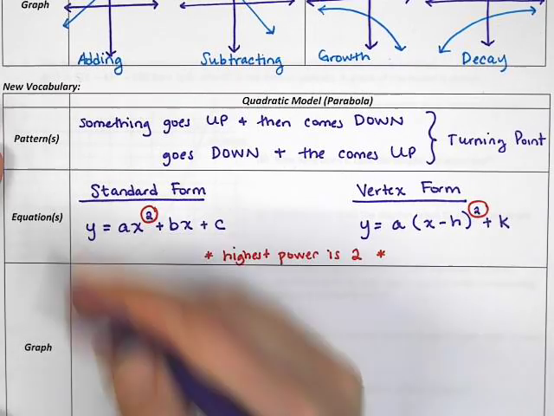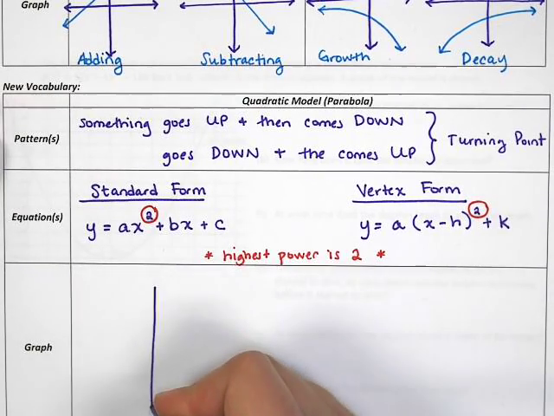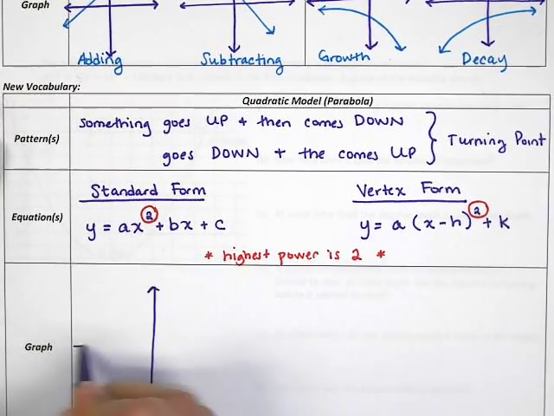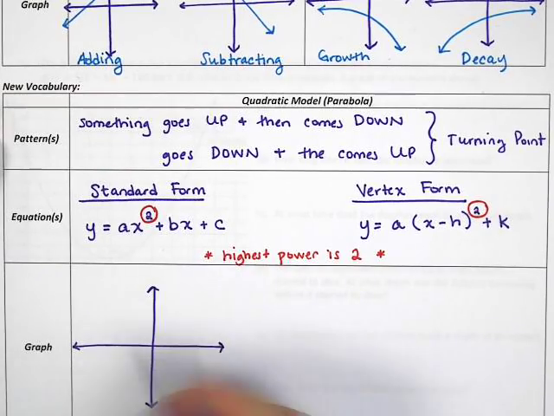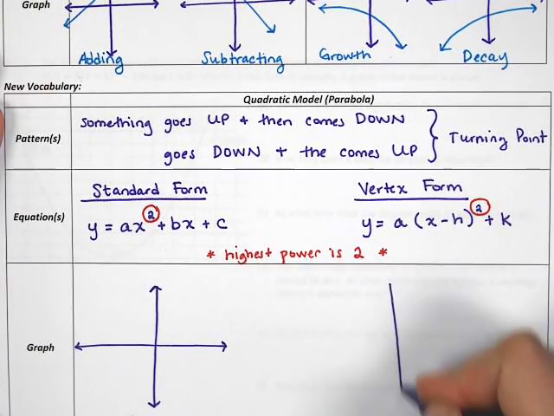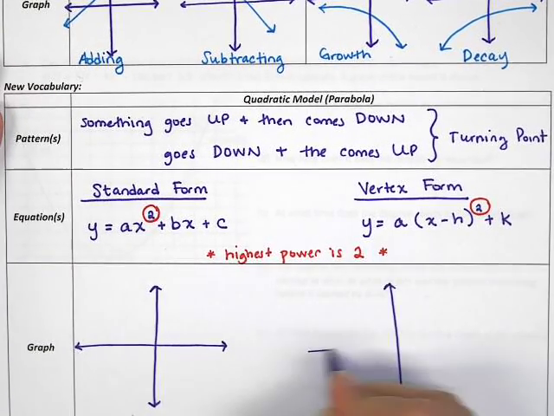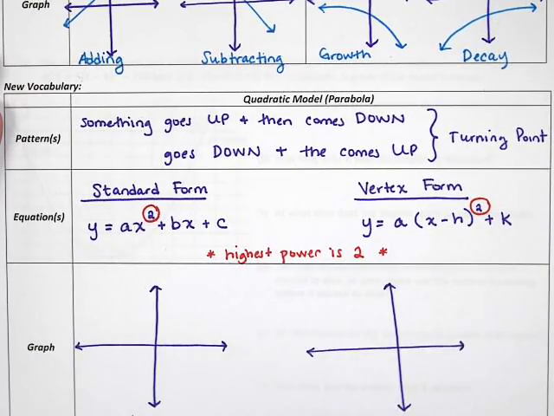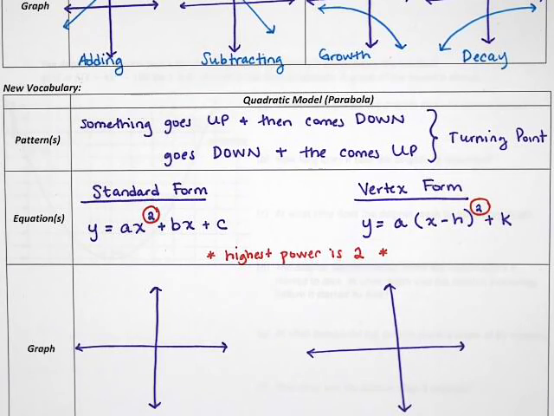So what do these graphs look like? Well, just like the other graphs, there are two options. We can have a parabola that opens up, and we can have a parabola that opens down. So let's draw a couple examples of an upward-facing parabola.